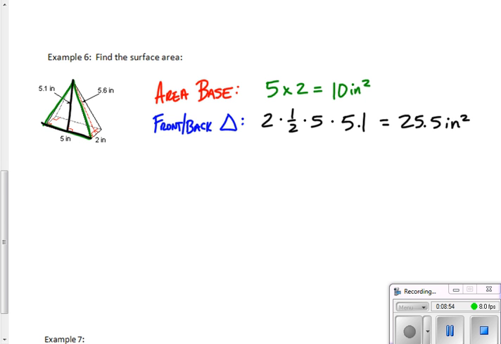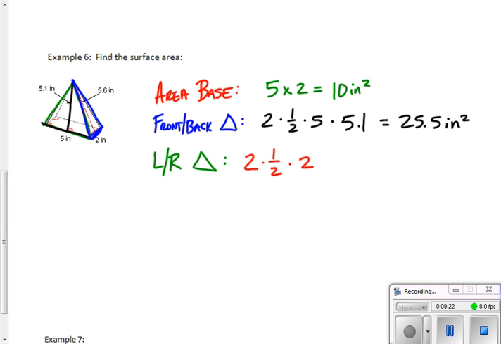Next, we're going to go ahead and take care of what I normally call the left and the right faces. So the left and right face here, I'll outline this here in blue. We have this face right here, that triangular face, so left and right I call them. So when I do my calculation for the left and right, again you're talking about 2 faces, need to multiply by 2. The area of a triangle, again, is 1/2 times the base.